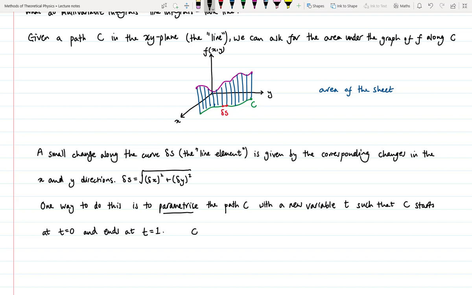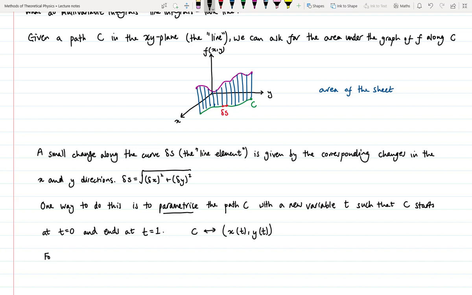And why do we want to do this? Well, this means that we can describe the path C by its x-coordinate that depends on t and its y-coordinate that also depends on t. So we've gone from dealing with the variables x and y to dealing with a single variable t.